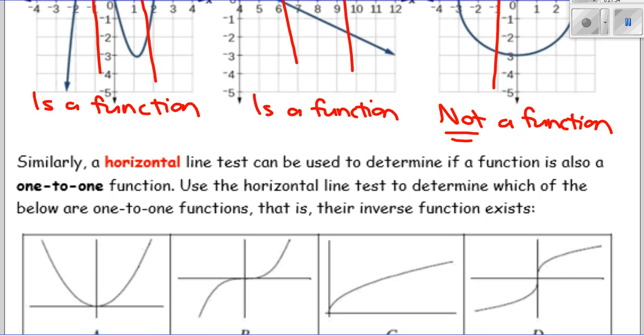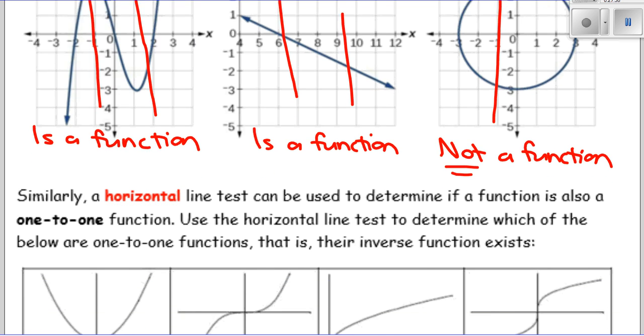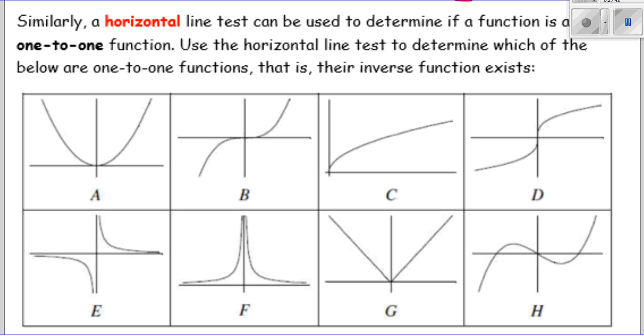Similarly, you can use a vertical line test to test whether or not it's a function to begin with. A quick way to determine whether or not it's a one-to-one function is the horizontal line test. That's a shortcut to decide whether it's one-to-one. Use a horizontal line test to determine if any of the below are one-to-one functions.